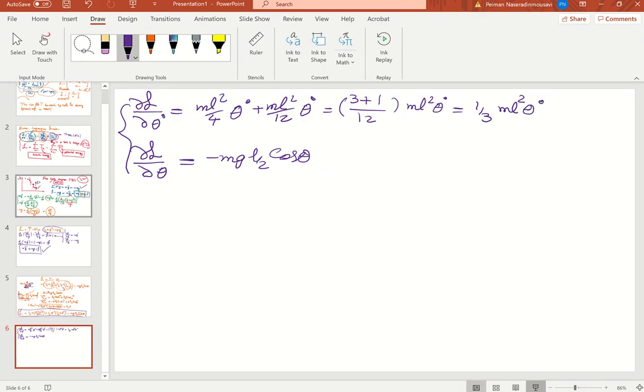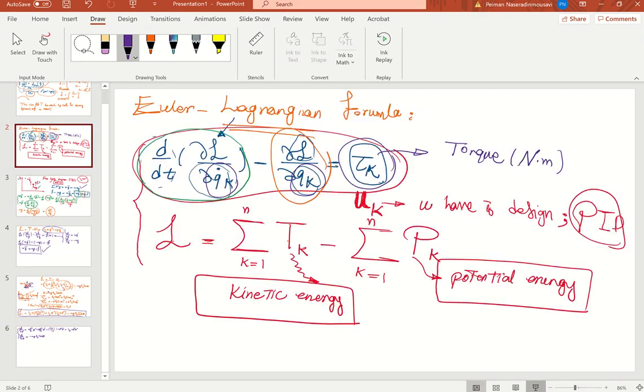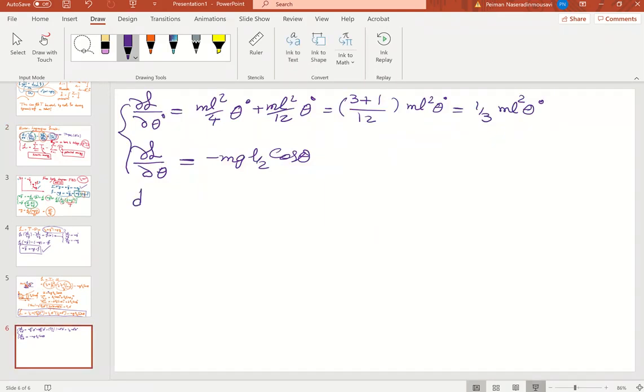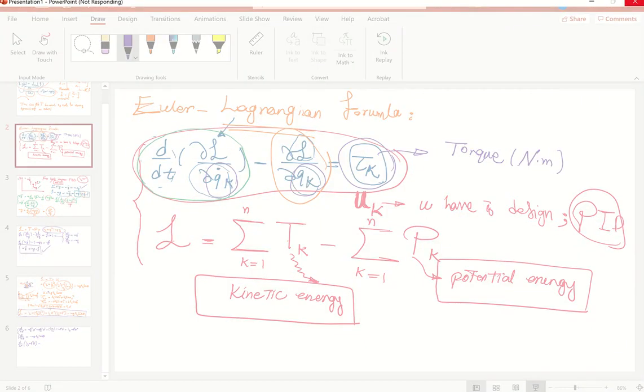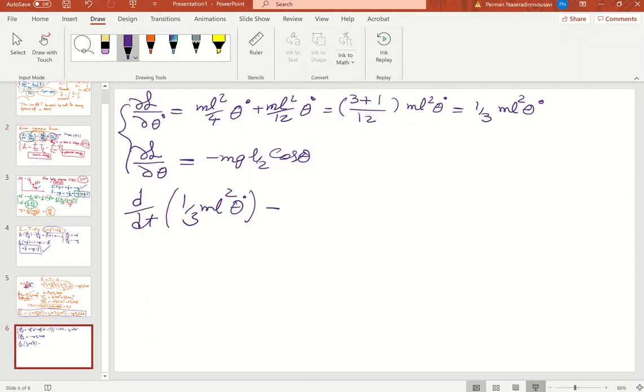Now again we have to use the Lagrangian and put it here. So you're going to have d over dt, the time derivative of 1 over 3 ml square theta dot, minus ∂L over ∂q dot. We have done that already. We have it here.